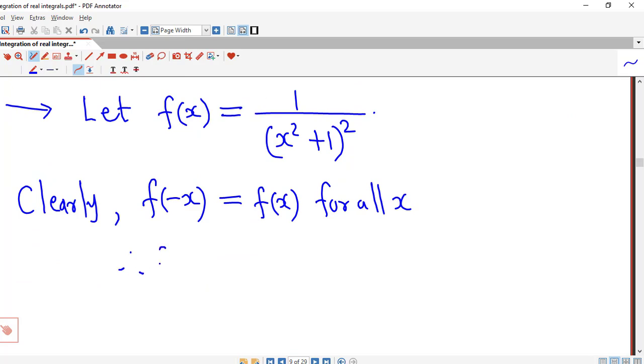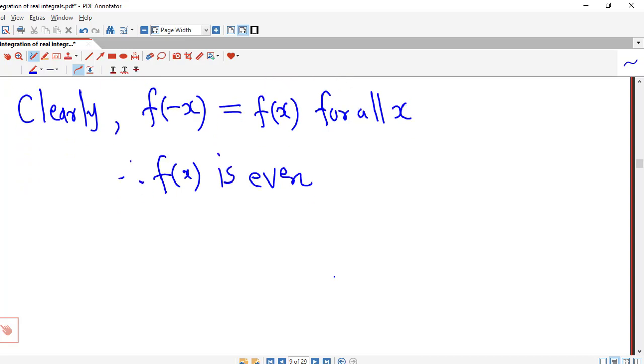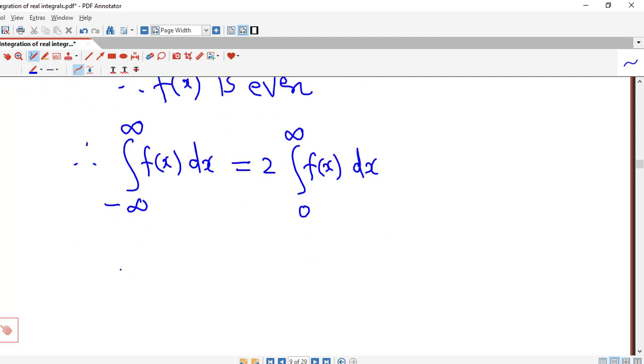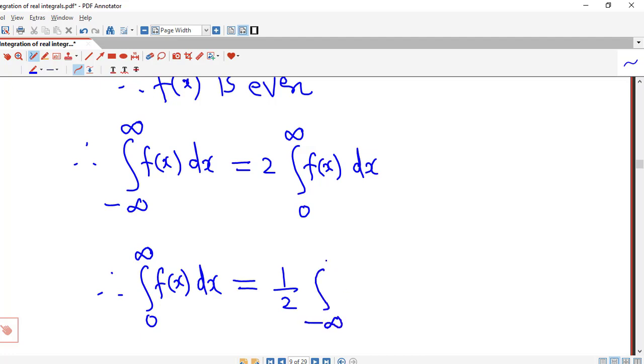Therefore f(x) is an even function, and we know that if this integral is convergent and f(x) is even, then the integral from minus infinity to infinity is equal to 2 times the integral from 0 to infinity of f(x) dx. So the integral of f(x) from 0 to infinity will be equal to 1/2 times the integral of f(x) from minus infinity to infinity.